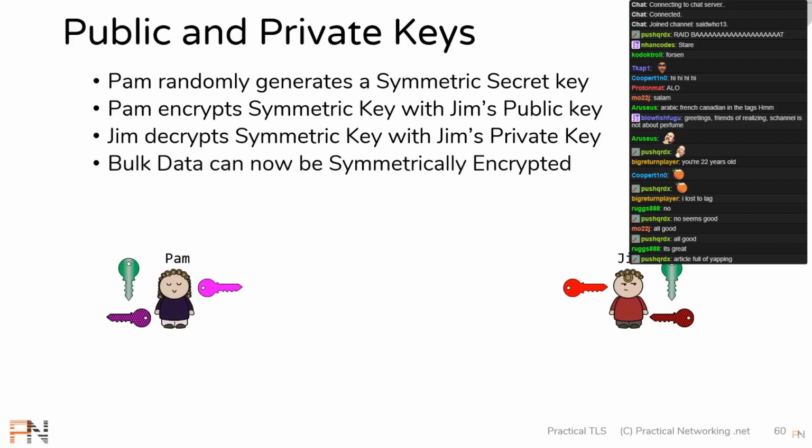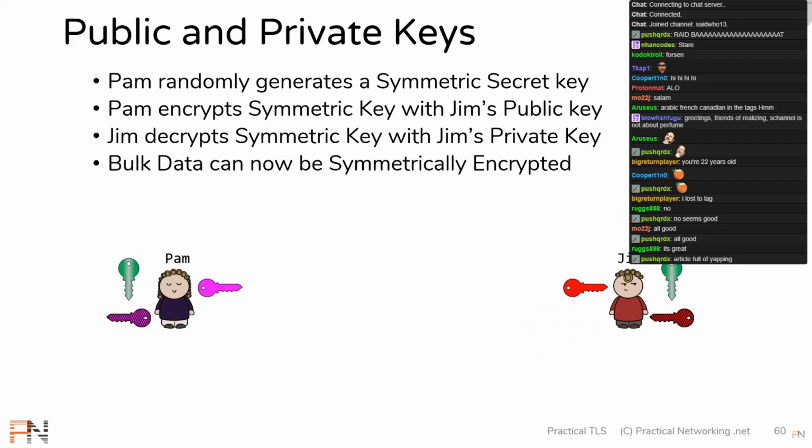They can use that symmetric key to protect bulk data. Here, Pam has a message for Jim. Pam will encrypt that message with her symmetric key. The only key in the world that can decrypt that message is the same symmetric key that was used to encrypt it. That message can be sent across the wire, and then Jim can use his copy of the symmetric key to decrypt that message and extract the original content.